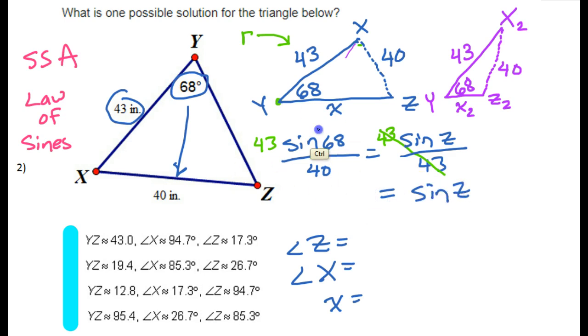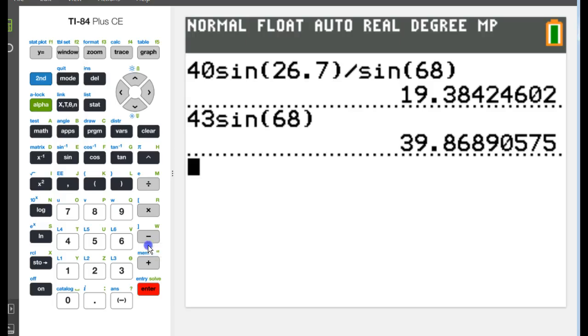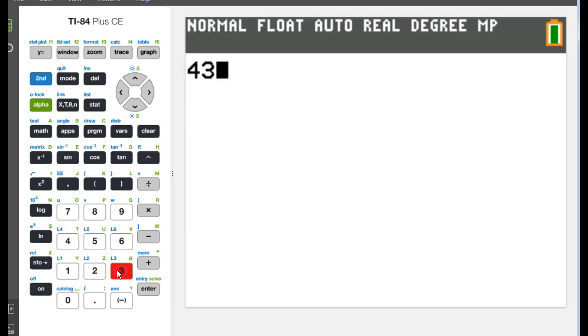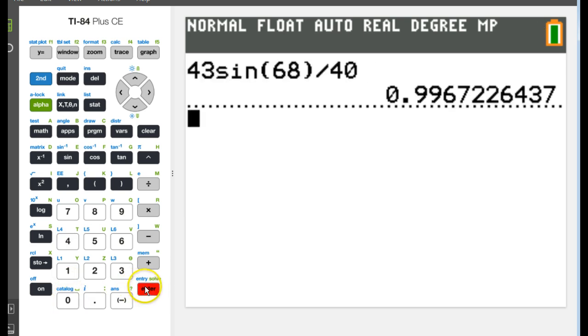So I'm going to put all this in my calculator: 43 sine 68 over 40. I'm getting 0.9967. By the way, use 4 decimal places until the very end.